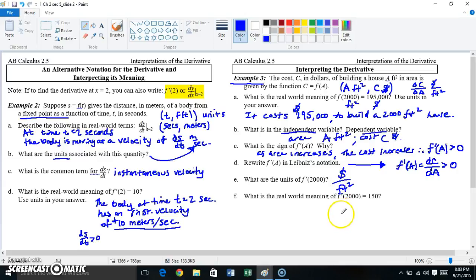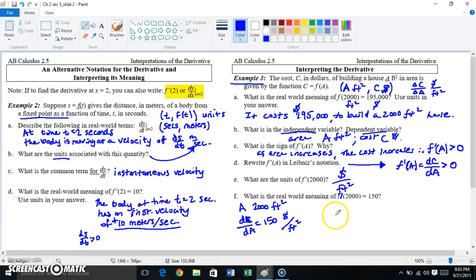Okay, what is the real world meaning of f prime of 2000 equals 150? So we're talking about that 2000 representing an area in feet squared, and the 150 is representing the derivative of cost with respect to area is 150, so that's $150 per square foot.